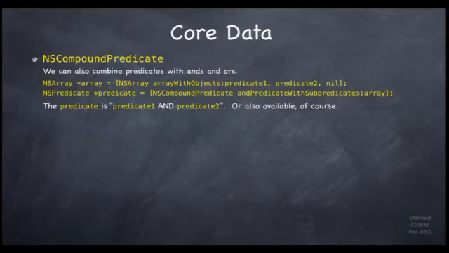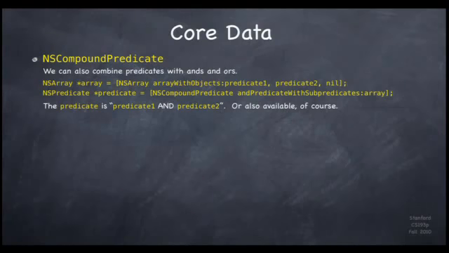You can also build compound predicates. So I might want to have predicates that the date is greater than this and the name starts with the letter A or something like that. And you can build those kind of compound predicates using these and or predicates. So you can see here I have two predicates, predicate 1 and predicate 2. I put them in an array, and then I create an NSCompoundPredicate. In this case, it's an and predicate.